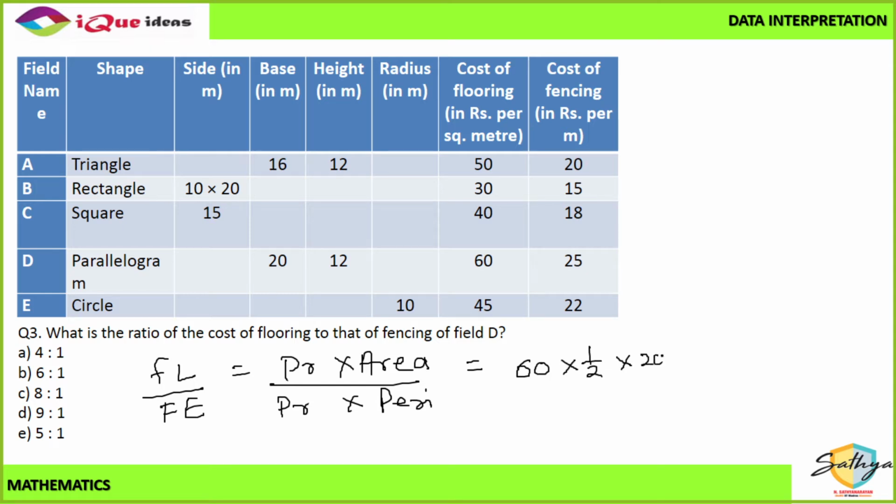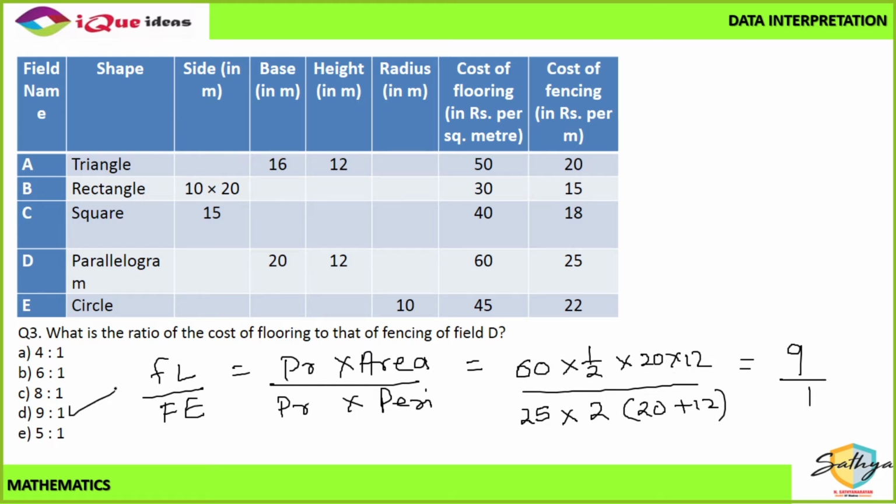So half into base into height divided by cost of fencing, which is 25, and 2 times (length plus breadth), that is 20 plus 12. If you simplify all this, you will get the ratio as 9:1. So my answer is option D.